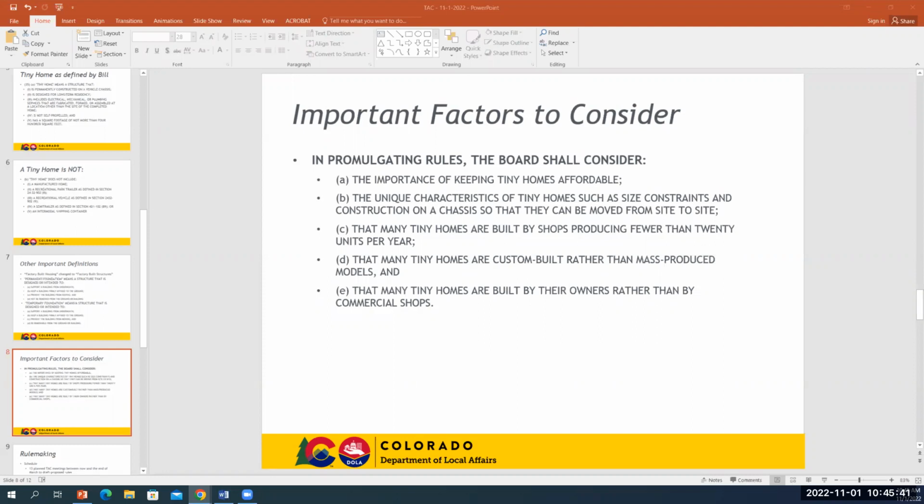Which is not a tiny home. Totally get it, Mo. But we're also holding ourselves accountable to incorporating IRC from a building perspective, like what Austin was saying earlier, anchoring our framing to the foundation, which in our case is an engineered foundation trailer. Like a trailer made. And so we're holding ourselves accountable to multiple different codes.